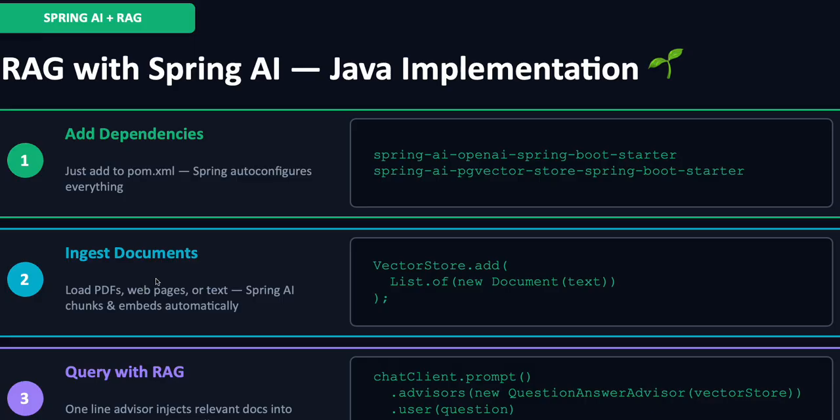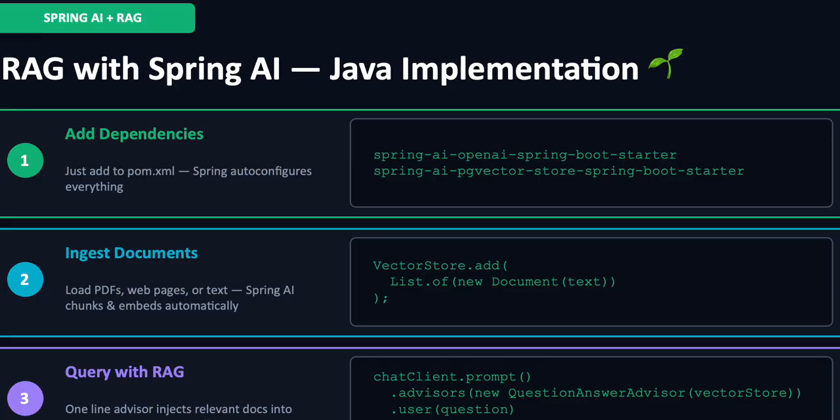You use the vector store interface. You load your PDF or text, convert it to document objects and call vector store.add. Spring AI handles chunking, embedding and storing automatically.